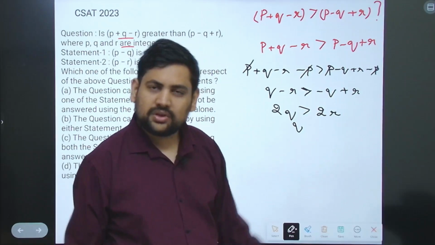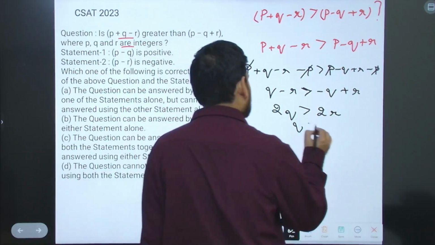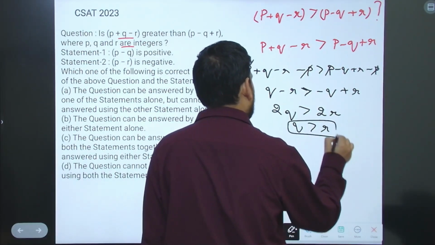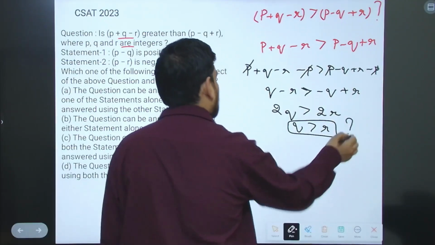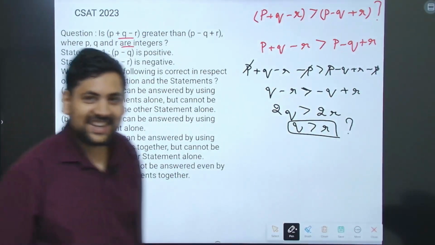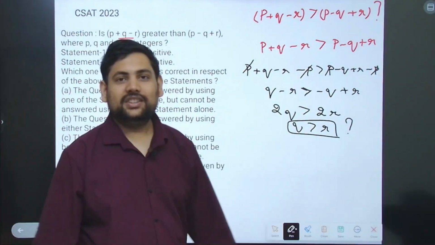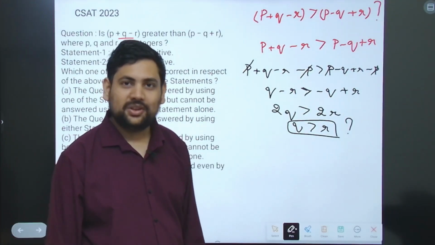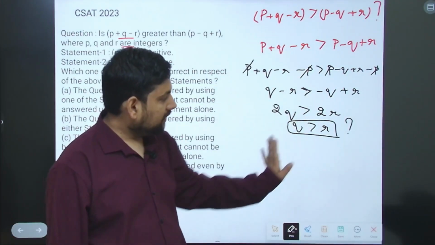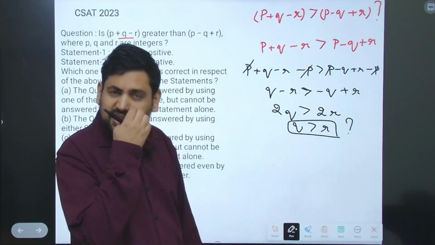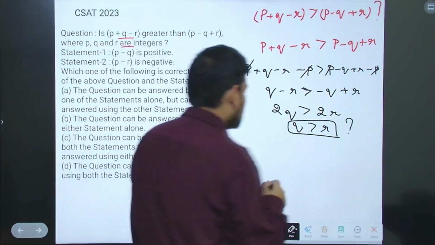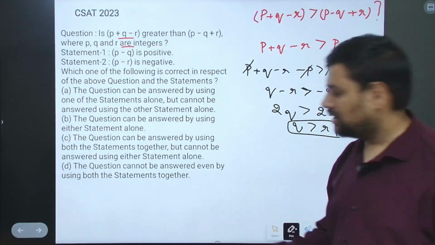You will cancel 2. Same thing you do here also. So Q is greater than R. This is the question. The question is actually, is Q greater than R? Understood? So that is how you have to simplify and get to this. Now we will use the statements.